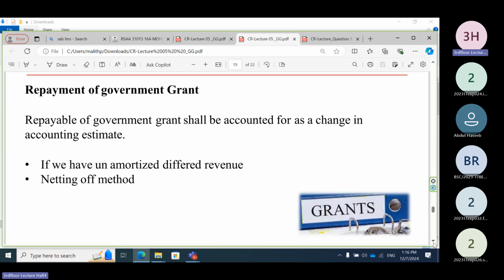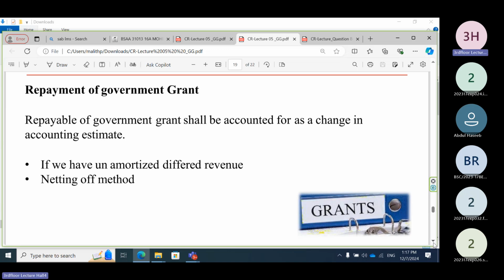You need to treat it as a change in accounting estimate. Yes, you recognize this as an estimate in the books. You need to treat that as an estimate change. If it is an estimate change, as per the standard, you need to adjust that prospectively.